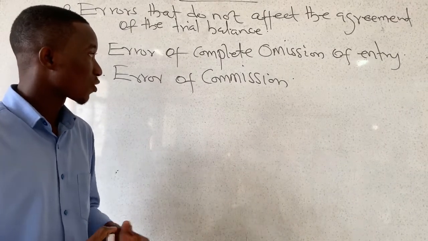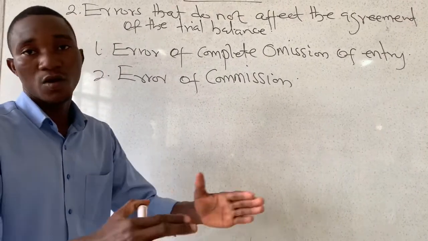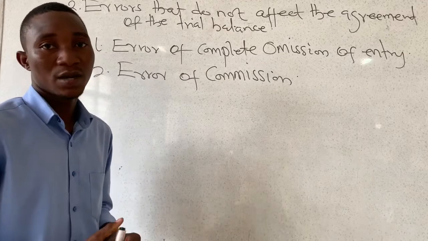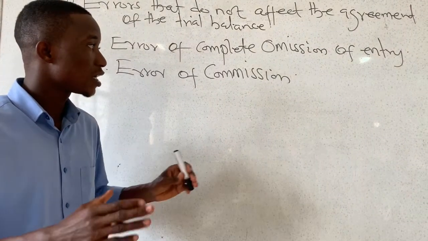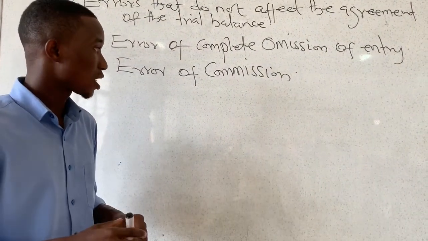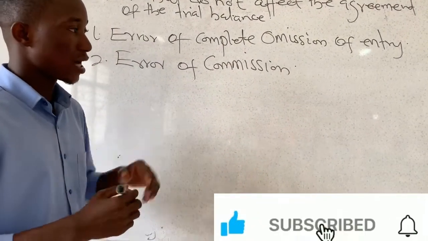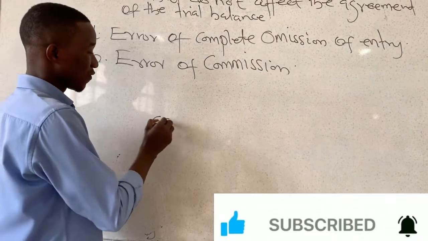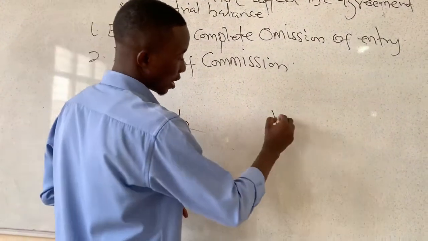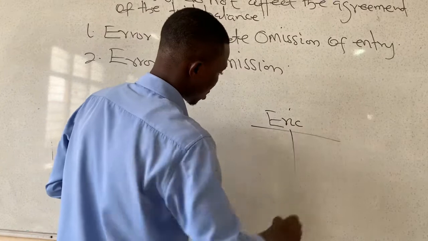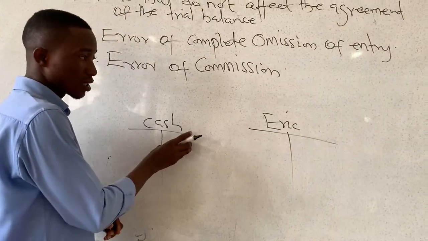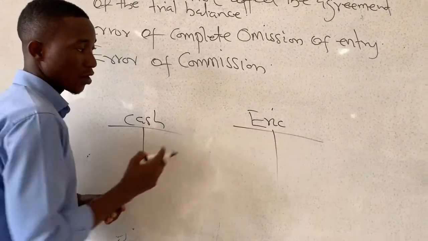When a transaction is recorded in a different person's account, but they are of the same class of account, just because of name similarities. So let's say that we have paid cash to Eric. You're supposed to have our cash account and Eric's account. Then we credit cash account, debit Eric's account.